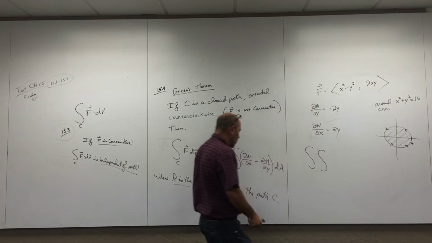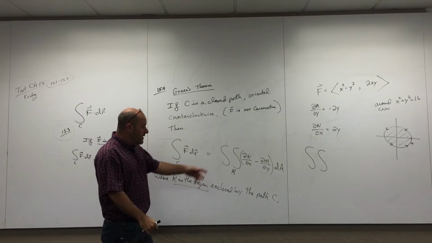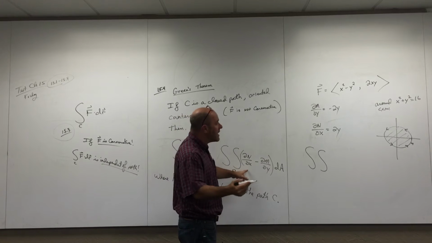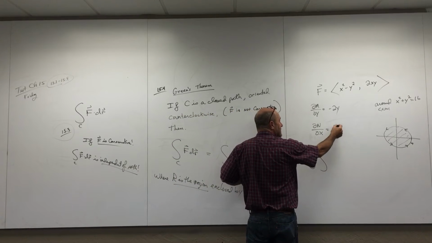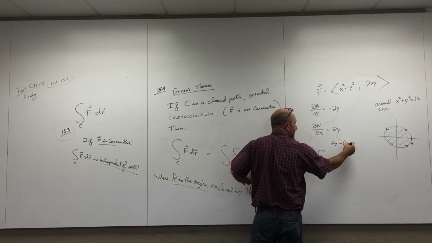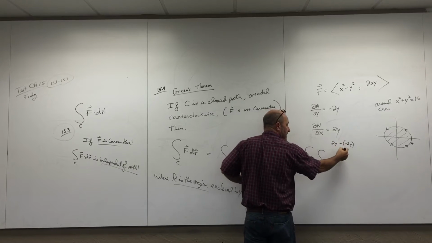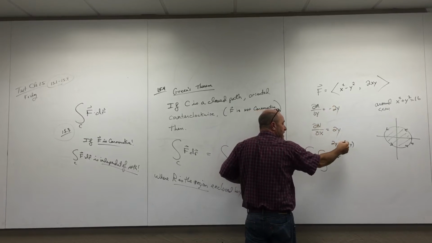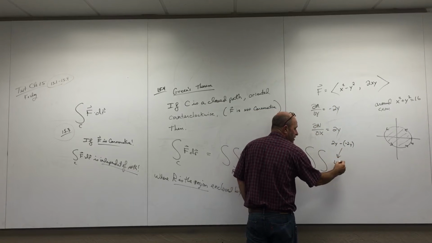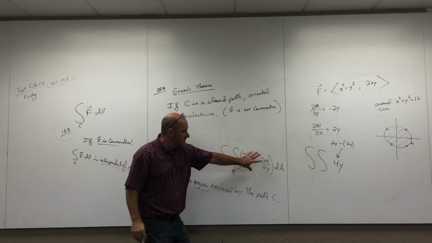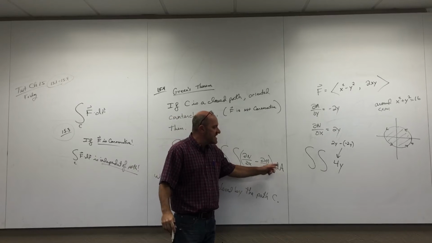According to Green's theorem, I'm integrating dN/dx minus dM/dy. So that's 2y minus a negative 2y, and minus a negative is plus. I'm integrating a 4y. Cool. And then I need to do this dA.